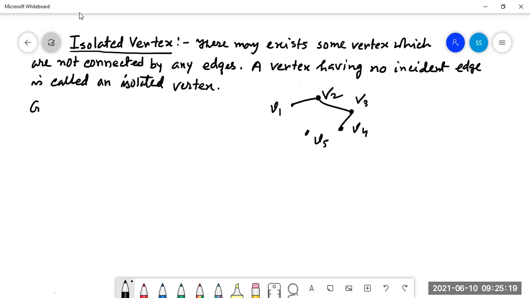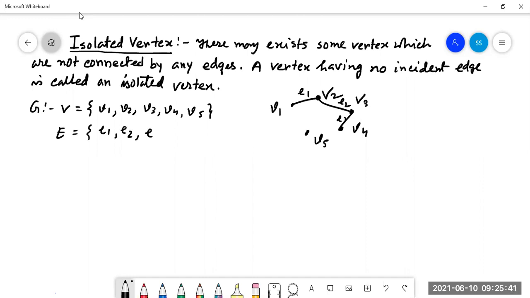For this graph G, V is equal to V1, V2, V3, V4, V5, so there are 5 vertices, and the edge set E is equal to E1, E2, E3. Here the vertex V5 is not connected with any edge. So this is called the isolated vertex. Is it clear?